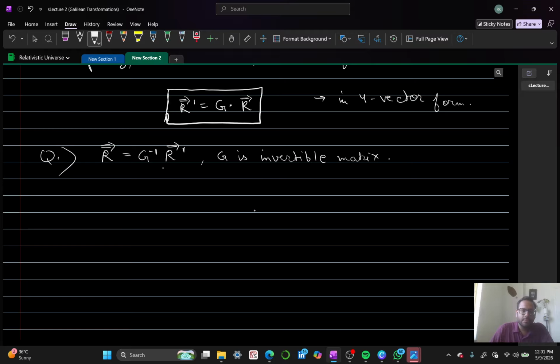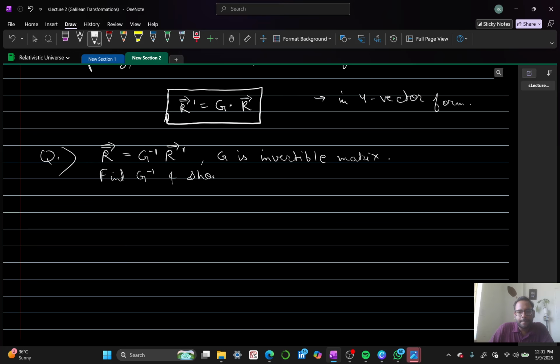Just find this inverse matrix and show the form.